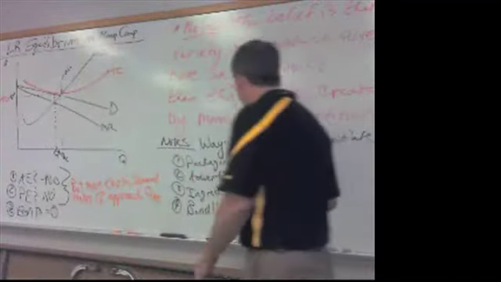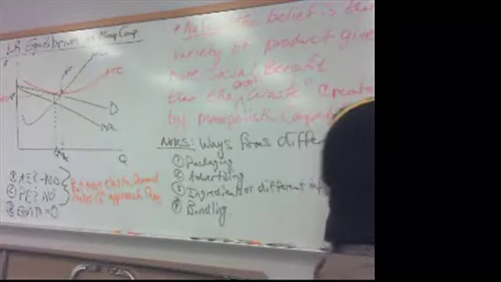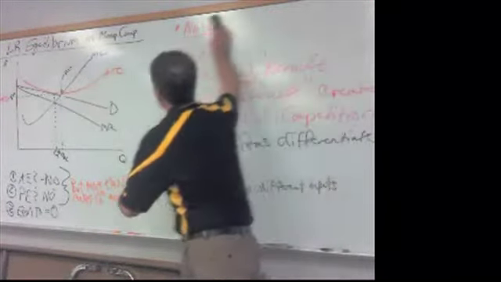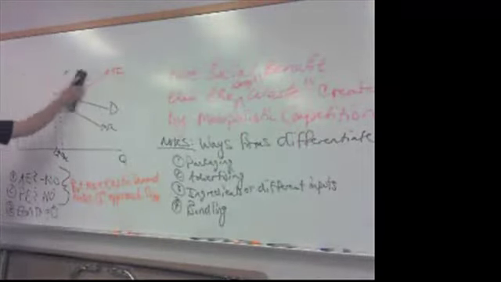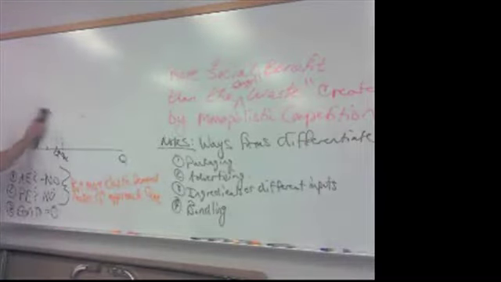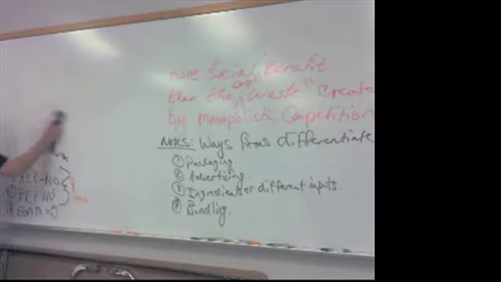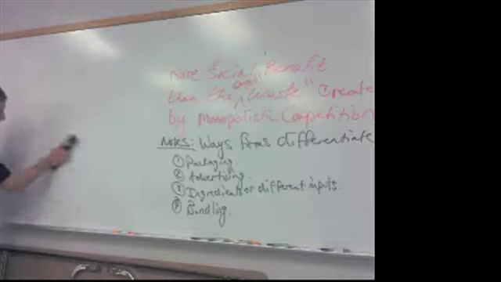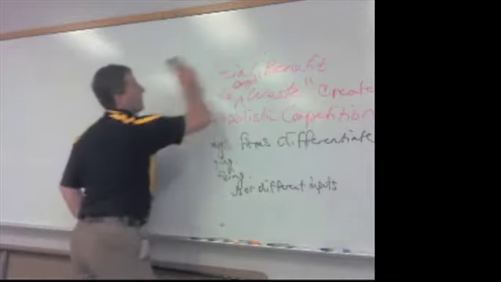Okay, so oligopoly is kind of a fun word to say, but it's even more fun to discuss than these. We're going to look at a different type of interaction of firms. So the key characteristic that's different is that there's only a few firms.